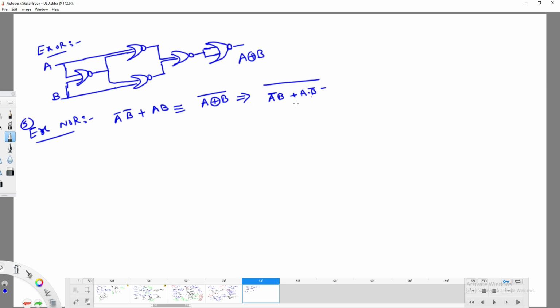Instead of writing like this continuously, I will write A bar B plus A B bar as earlier I have written, A bar B bar whole complement. I will try to take out the common A complement; that is A plus B. If I take out the B complement, again you are going to get A plus B. Guys, earlier procedure only I am doing.